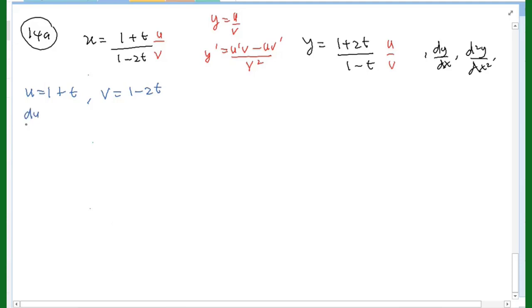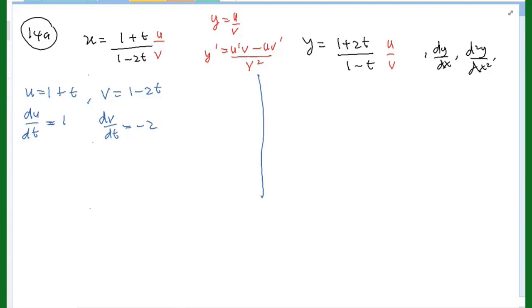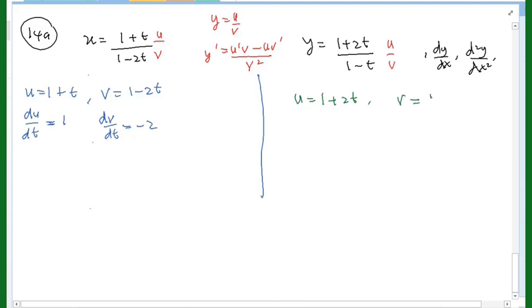Differentiating, u prime is 1 and dv/dt is negative 2. For y, u is 1 plus 2t, v is 1 minus t. So u prime is du/dt, which is 2, and v prime is negative 1.